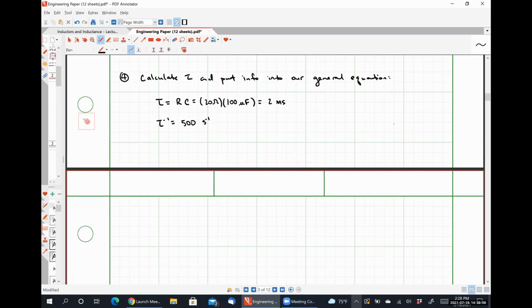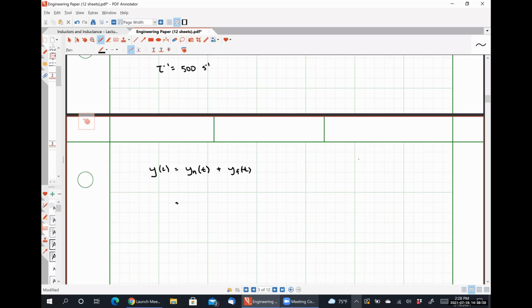So in our generic equation, where we have y total, or y of t, I don't remember which way I wrote it, I think it was just y of t earlier, is yn plus our forced response yf. What that's going to look like is y at 0 minus for t less than 0.